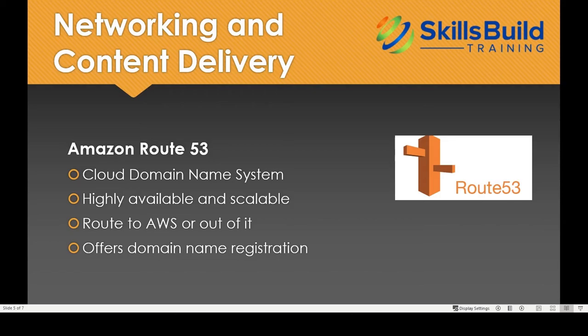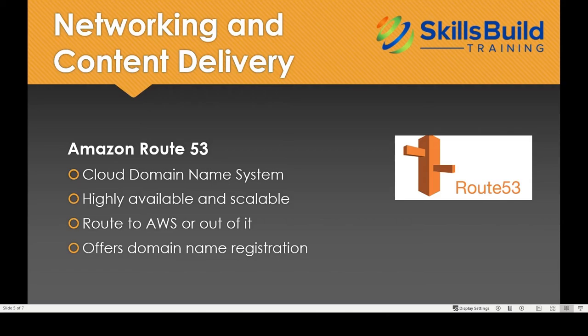It is designed to give developers and businesses an extremely reliable and cost-effective way to route end users to internet applications by translating human-readable names such as www.example.com into the numeric IP addresses such as 192.0.2.1 that computers use to connect to each other. Amazon Route 53 is fully compliant with IPv6 as well.